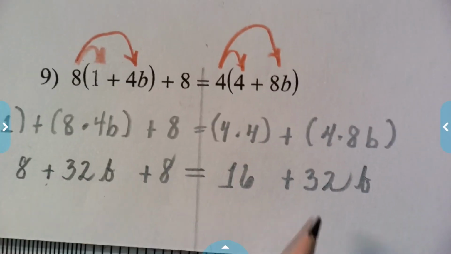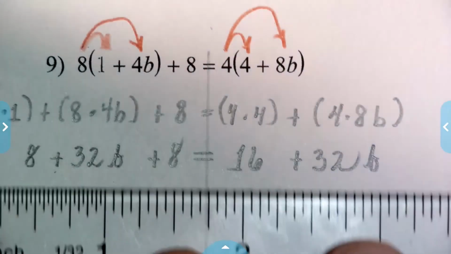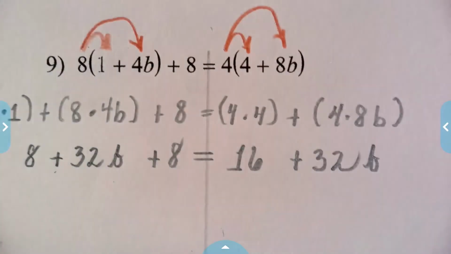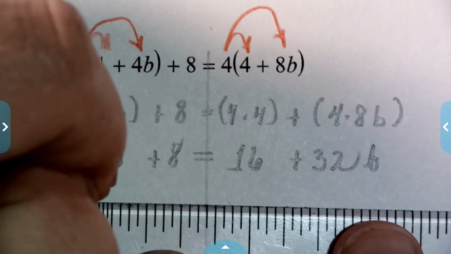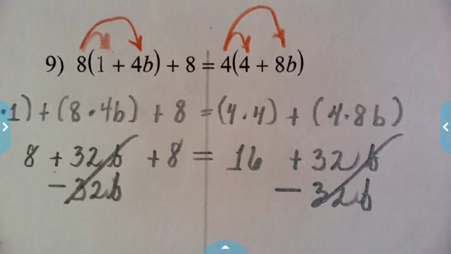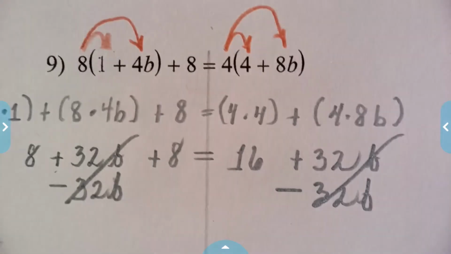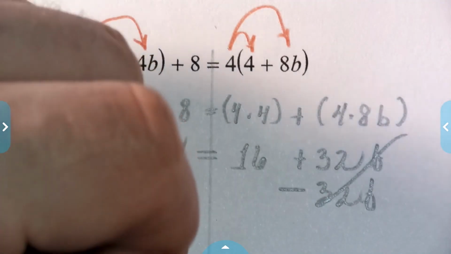I got plus 32b on both sides. This is a special type of problem. I'm going to go ahead and subtract 32b. I wanted to show you guys these two weird problems. Okay. And notice how they cancel out. So the variables just canceled out, and there's no b left. So now I just have 8 plus 8. Well, 8 plus 8 is 16.